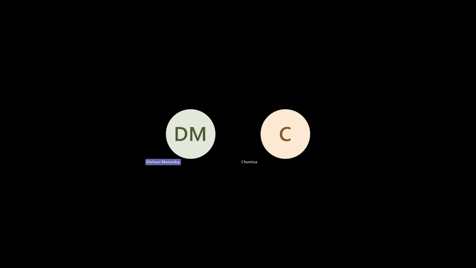Then when you separate, the two will have the same charge. Are we on the same page? Yes, sir. Okay, so that is what we're going to be talking about in electrostatics.